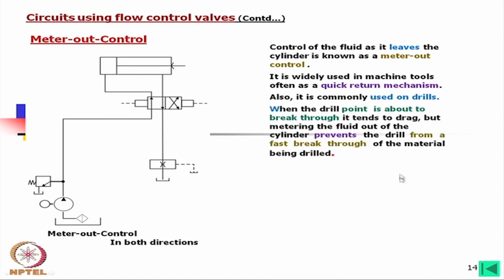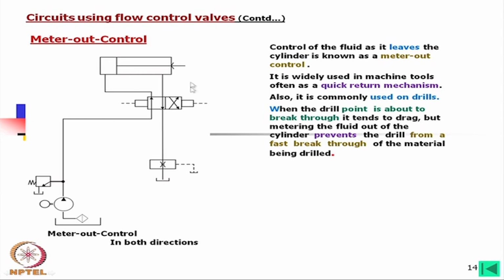When the drill point is about to break through, it tends to drag, but metering the flow out of the cylinder prevents the drill from a fast breakthrough of the material being drilled. This sentence might be difficult to understand, but I am explaining that while this is being operated, this side pressure and this side pressure will balance this force.